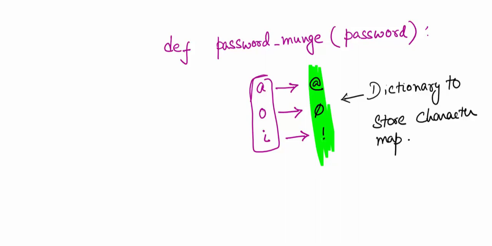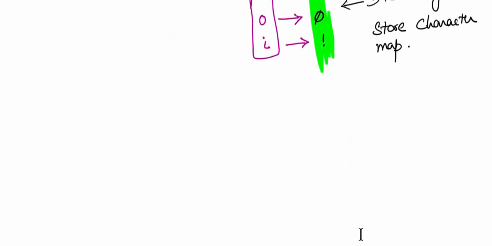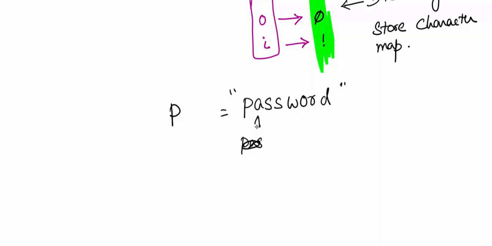The next thing is, in order to do this substitution, can we do the substitution directly? For example, say the password is "password", right? So this is a string. Now you can refer to individual characters in a string like so. Let's say this string is available in P, can you change the character at, let's say, this index?